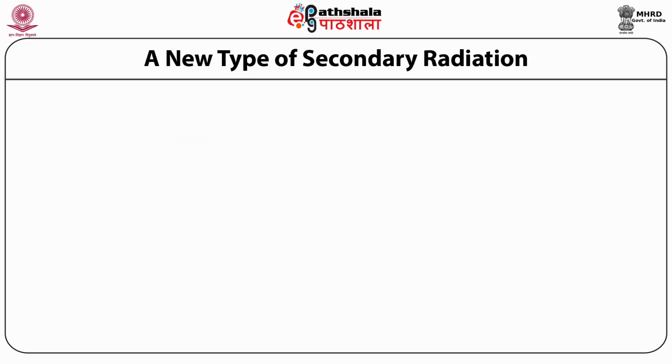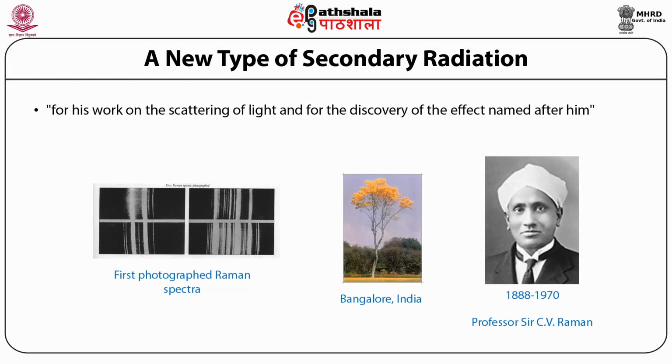Professor C.V. Raman received the Nobel Prize in Physics in 1930 for his work on the scattering of light and for the discovery of the effect named after him. Since the discovery of the Raman effect, Raman spectroscopy has been a field of real advances. In earlier years, the procedure was basically used to concentrate on vibrational conditions of basic atoms.